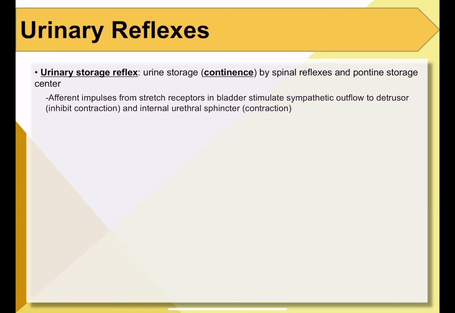So just as we had defecation reflexes, we also have urinary reflexes. The urinary storage reflex, known as continence, is regulated by spinal reflexes through your pontine storage center. Afferent impulses from stretch receptors within the bladder stimulate sympathetic outflow to your detrusor muscles within the bladder and internal urethral sphincter.